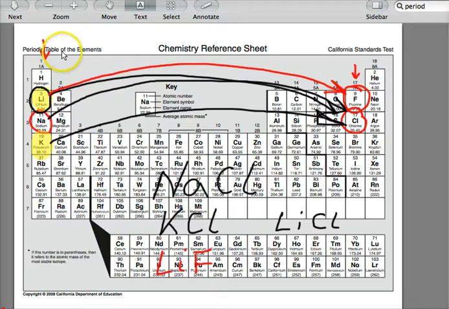Now, elements in group 2, we will remember, have 2 electrons in their outermost orbital, and in the same way as the first group being able to give away 1 electron, elements in the second group, to become more stable, would want to have an outer orbital that is full, would want to give away 2 electrons. Now, would this work? Let's see.